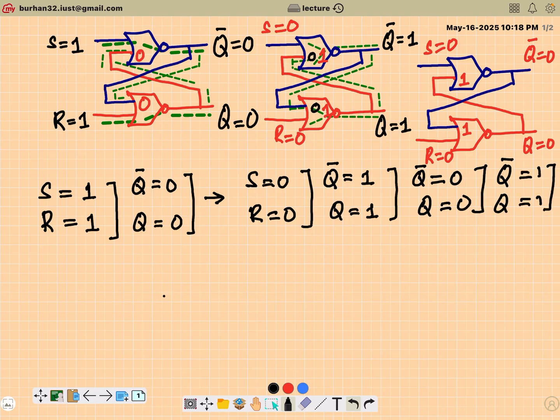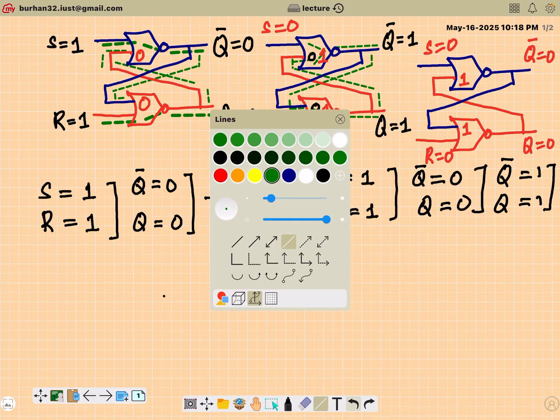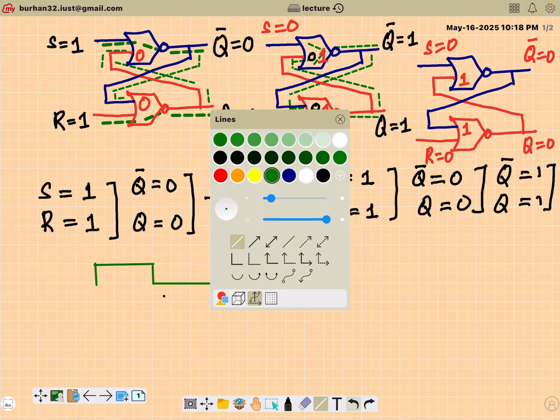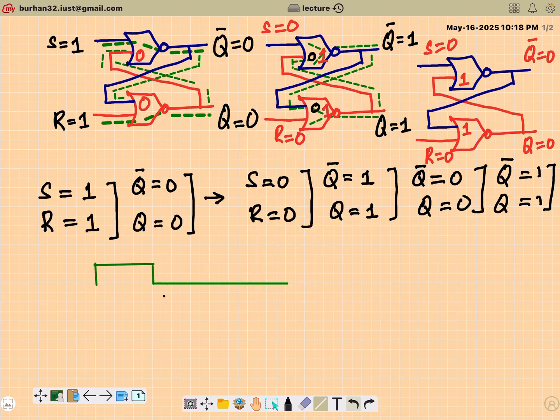So we have a kind of oscillatory behavior. There are oscillations, and if I show it using a timing diagram, it is something like this. We have S is equivalent to 1, like this. Then I keep it 0. And for R, again R is equivalent to 1, then I keep it 0.